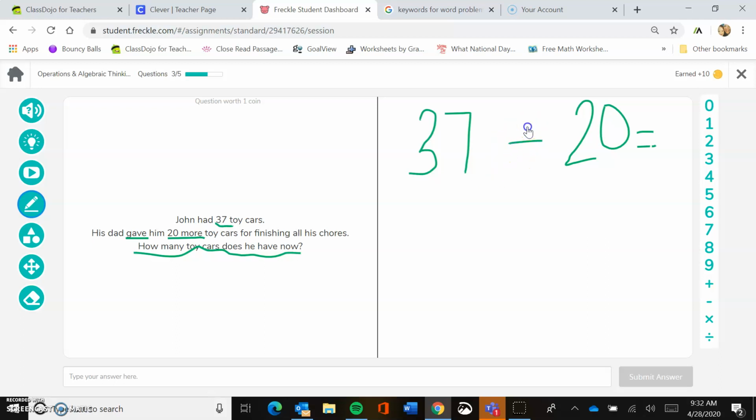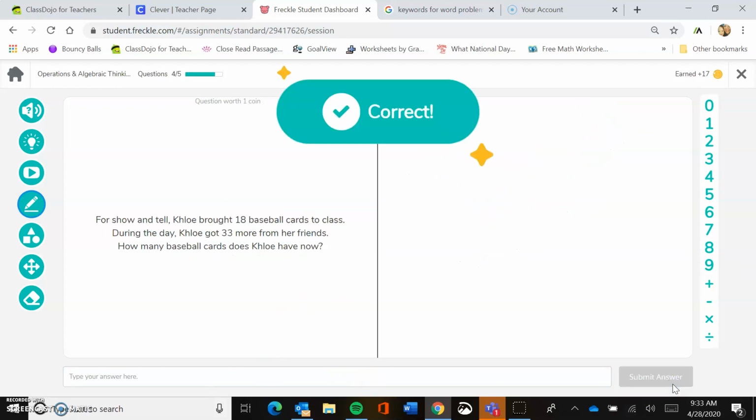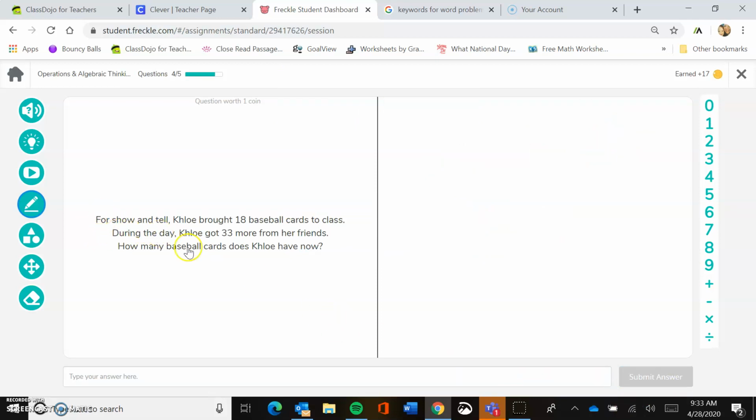Well, if his dad gave them to him, he's adding them to his collection. So I would need to add these numbers to find my answer here. 7 plus 0 would be 7. 3 plus 2 would be 5. Should hopefully be 57 if we did it right. And we got it. Okay, let's keep going.